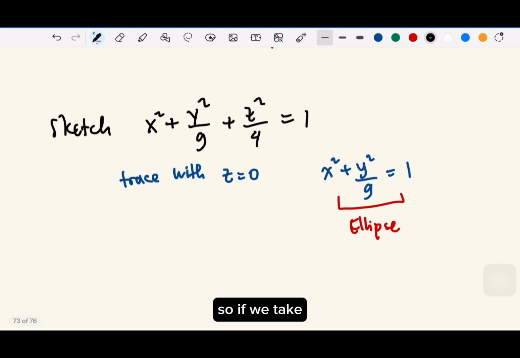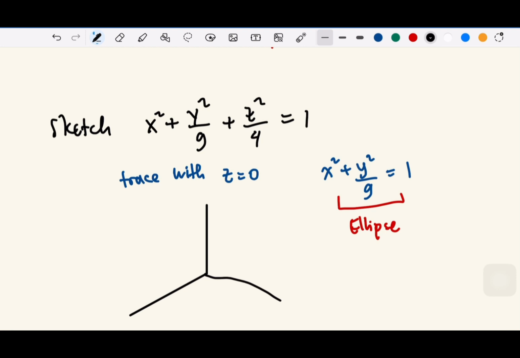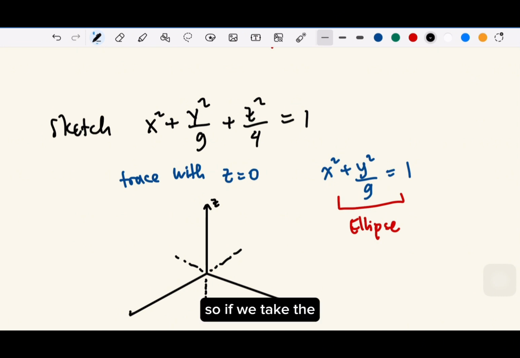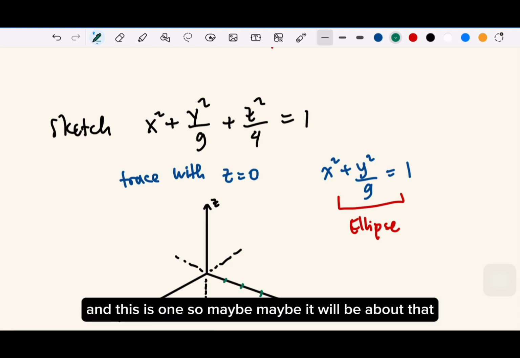So if we take the x and y, this is 3 and this is 1.